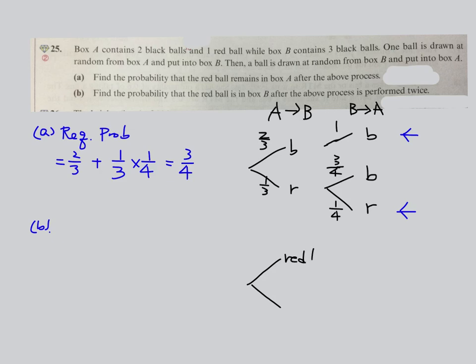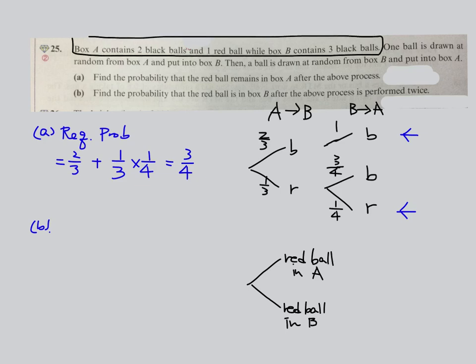The red ball in A, or the red ball in B. The red ball in A, that means the situation is the same as this one. So we already have the probability. 3/4 is this, 1/4 is this.